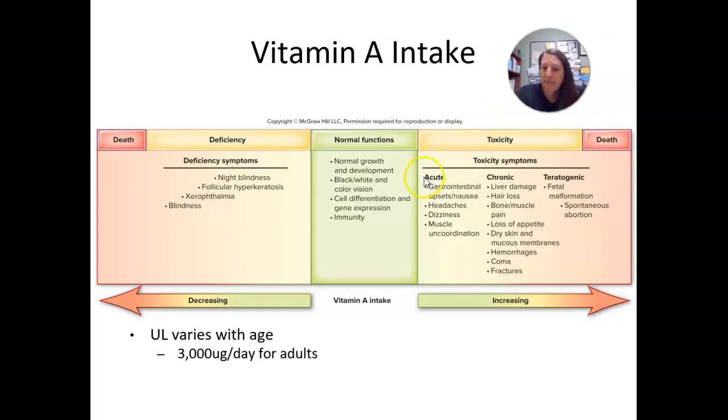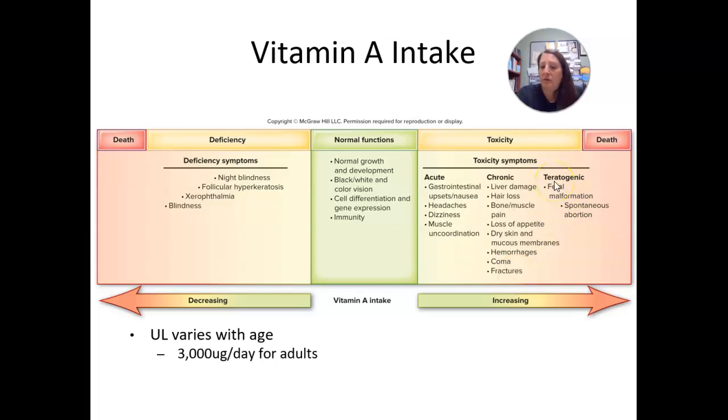And acutely, gastrointestinal upset, nausea, headaches, dizziness, muscle uncoordination. Chronic, so if you have chronically high levels, this can lead to liver damage, hair loss, bone and muscle pain, loss of appetite, dry skin and mucous membranes, hemorrhaging, coma, fractures.